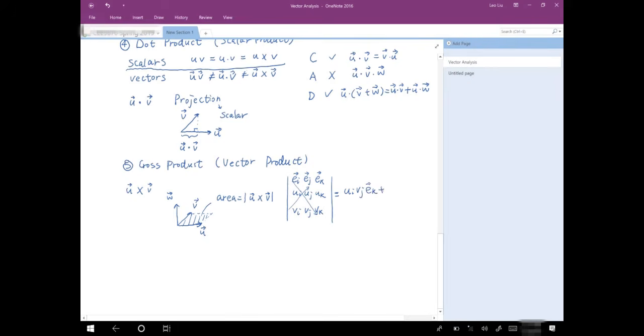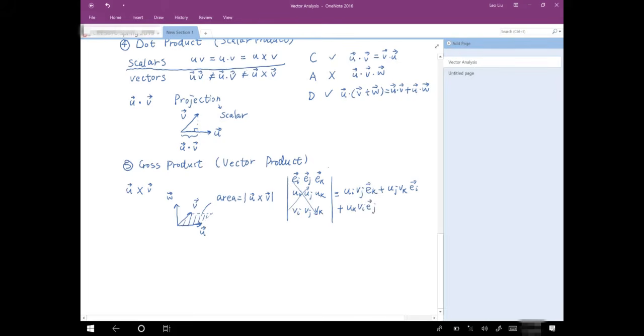And then second, UJ, VK, and it's going to be EI, also positive. Then plus UKVI, and EJ. This is also going to be positive.